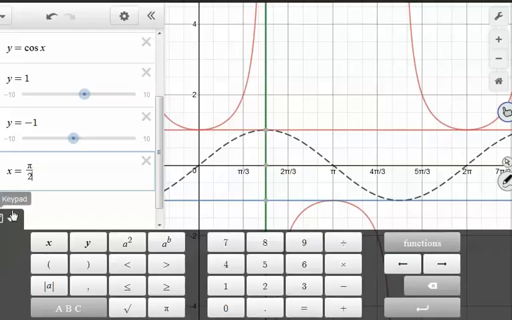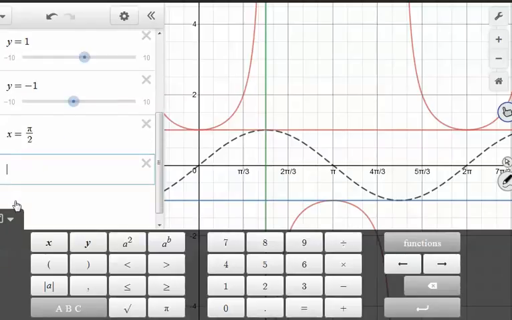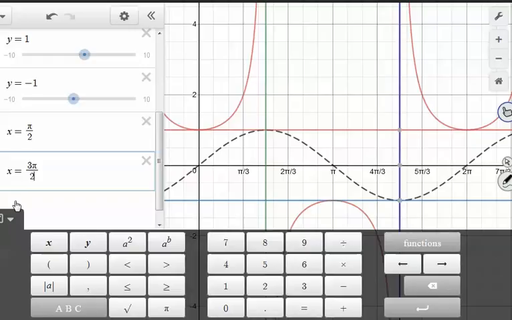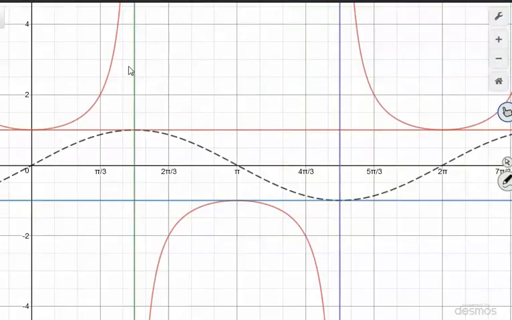Hey, there's that one. The next one it has is x equals 3 pi over 2. There's another one right there. So it has vertical asymptotes everywhere the sine function is equal to 1. That's interesting, right?